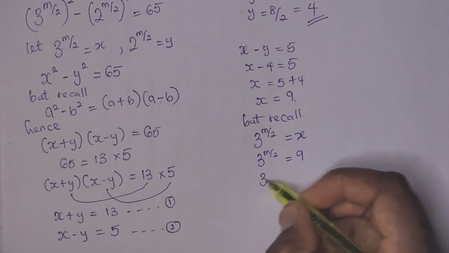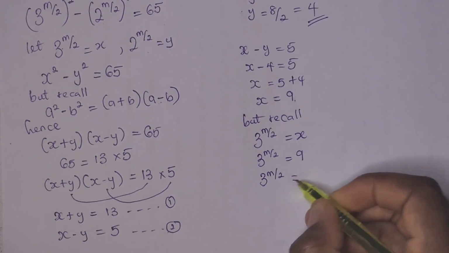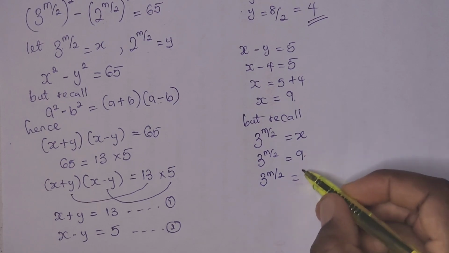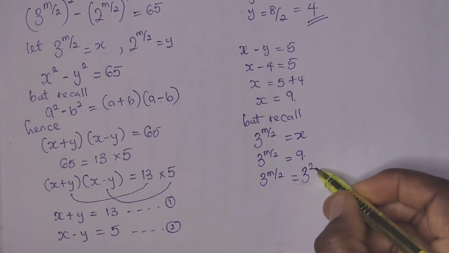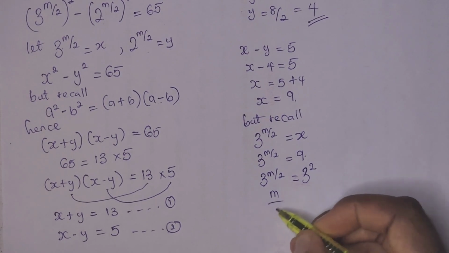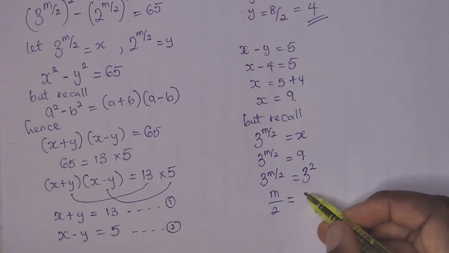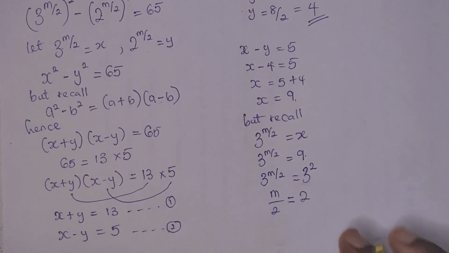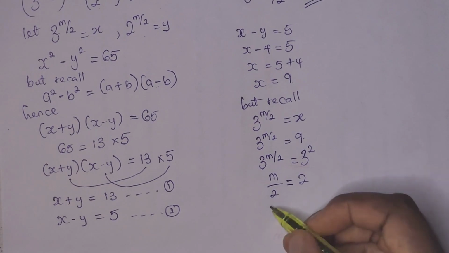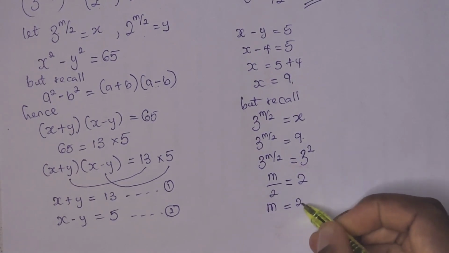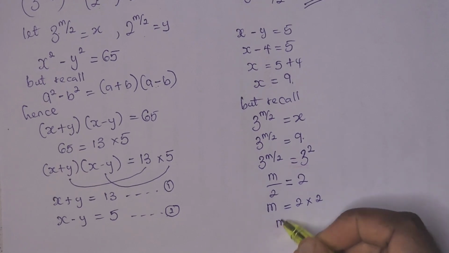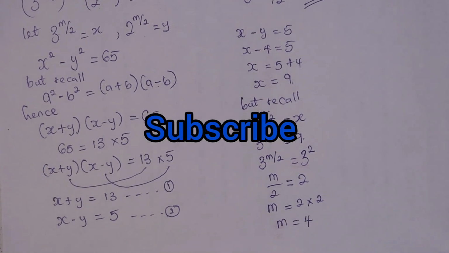And this 9 can be written as 3 to the power of 2. So we have m over 2 equal to 2. So m is equal to 2 times 2. M is equal to 4.